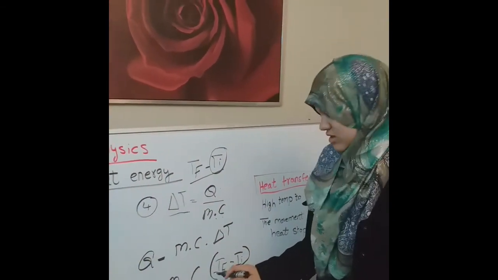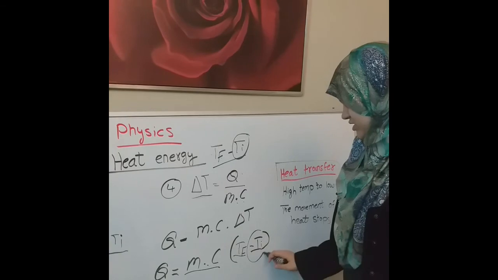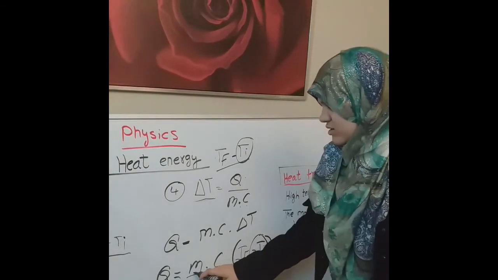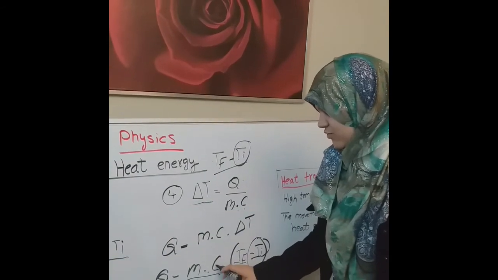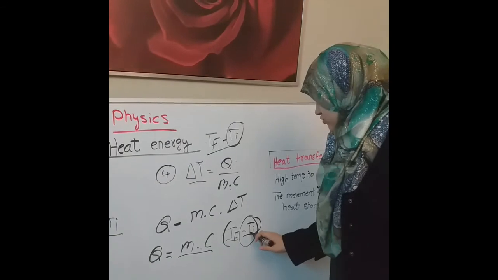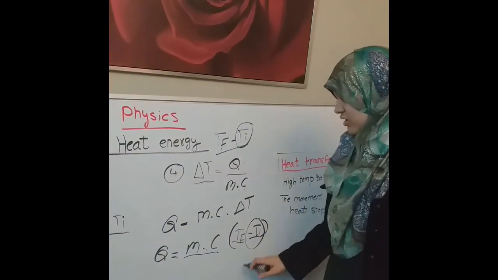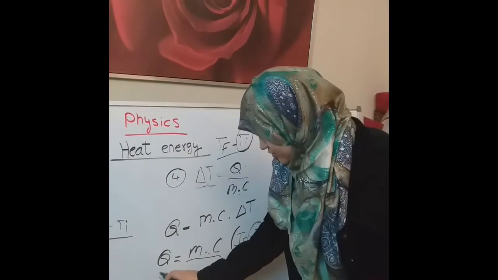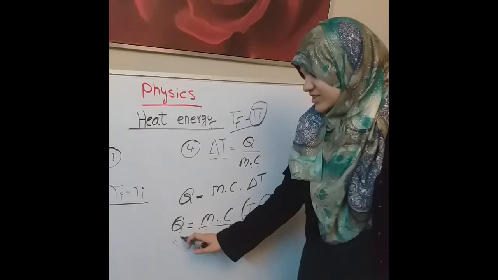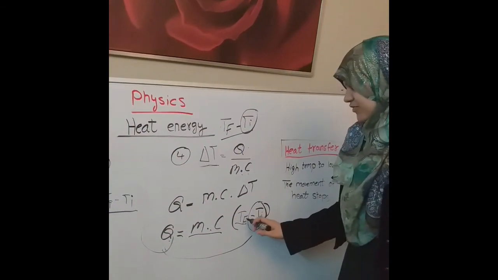After that we shift Ti, or rather we solve it with the number which came from mass times the specific heat capacity. After we solve with this number, which means the initial temperature, we shift it to Q, which means the heat. After that, when we solve it, the answer for the final or initial temperature will come.